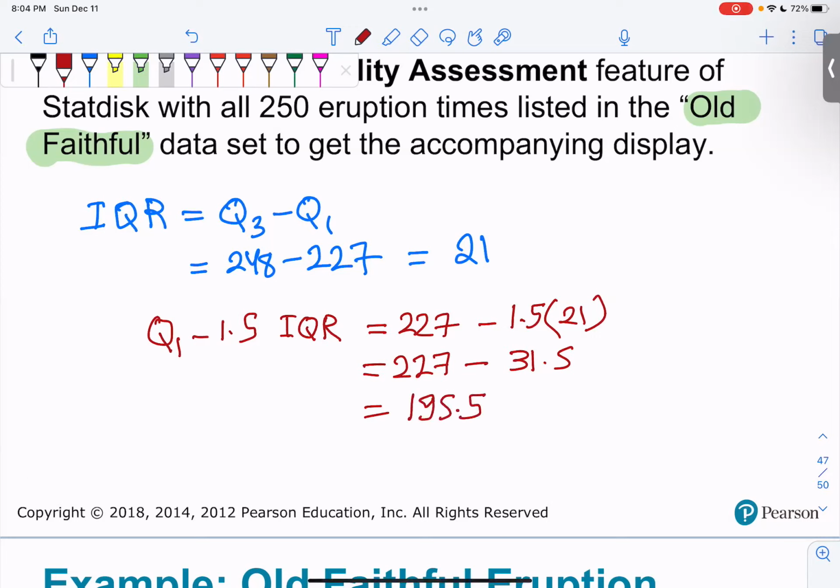So now any value smaller than this value will be an outlier, okay? Any value less than 195.5 will be an outlier.